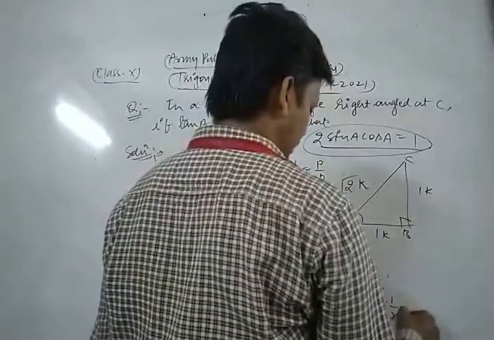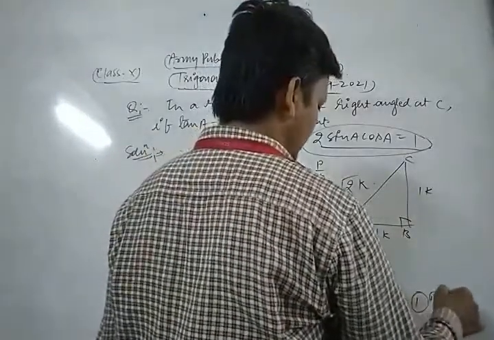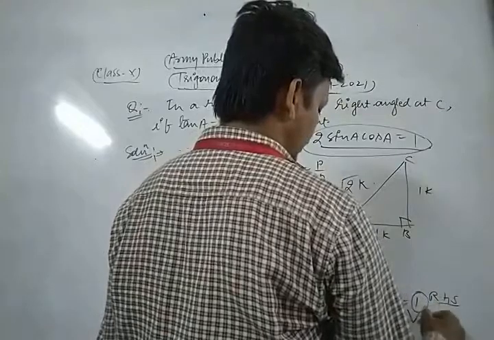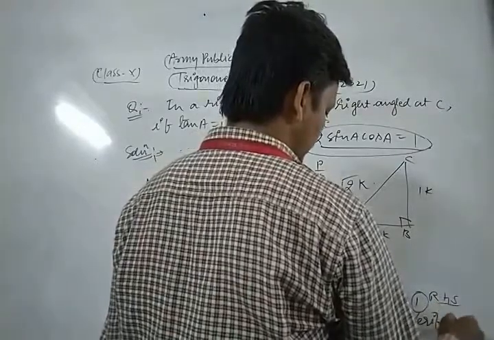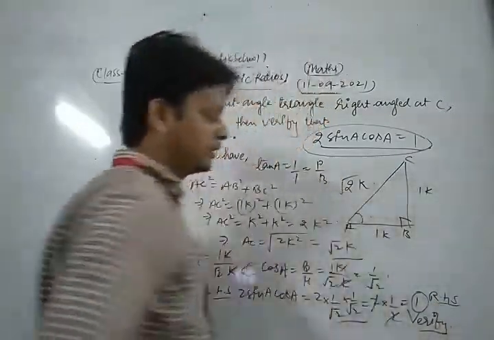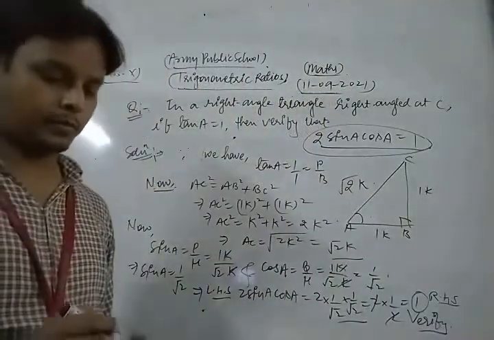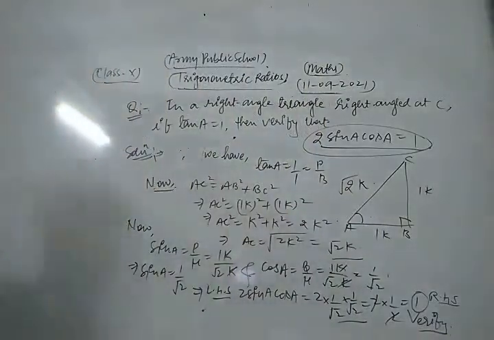So the 2s cancel together, and we get 1. This is your RHS. Hence verified.